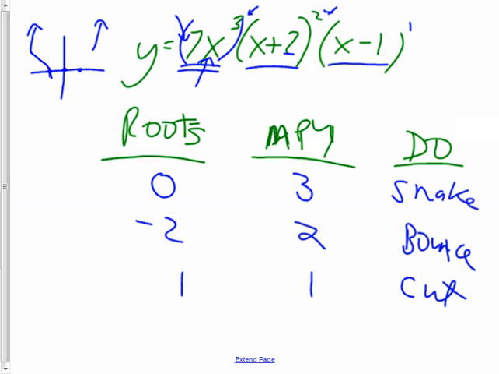So it'd be cut through, snake, and then cut through at the end. Oh, that doesn't make sense. Oh, yeah, you're right. It's supposed to be bouncing at -2. Bounce. Snake. Very hard to show that that's a snake. And then I cut through at the top.